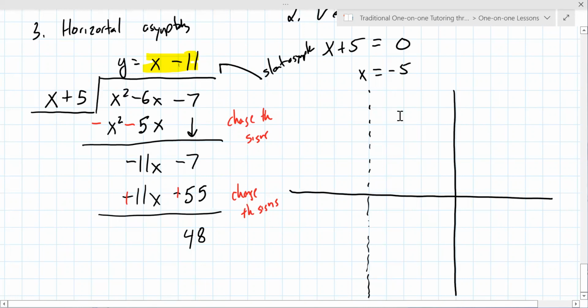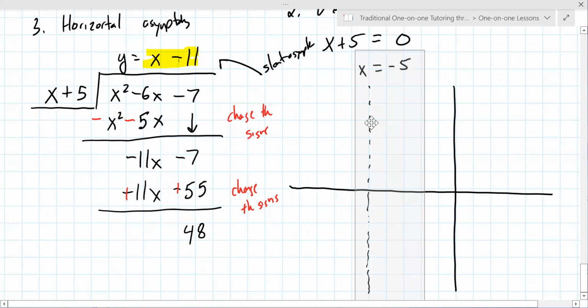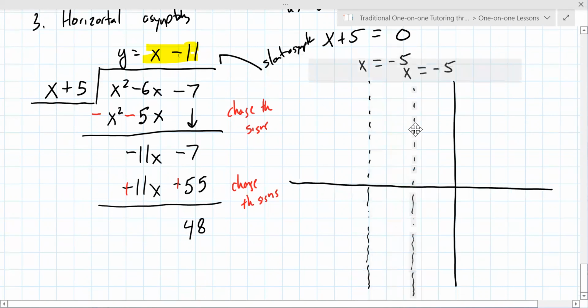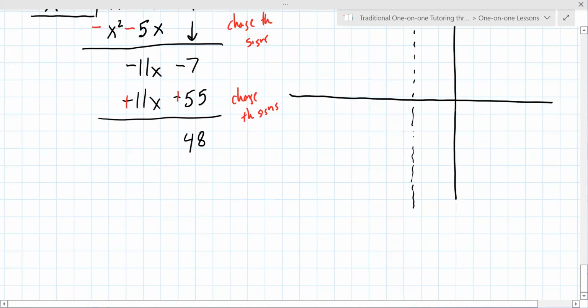Now I've got a problem here because I've scaled this improperly. So let's go by 2 like that. Okay, and so -11 crosses way down here. 2, 4, 6, 8, 10. So it crosses right there.